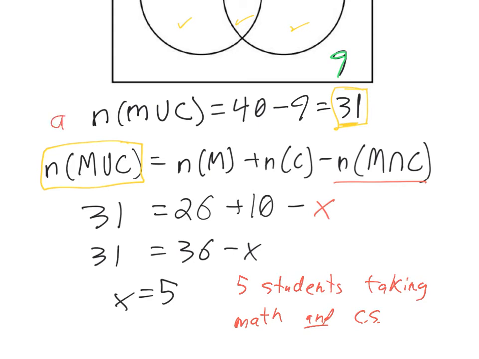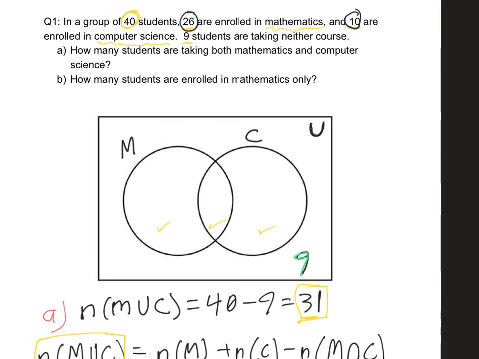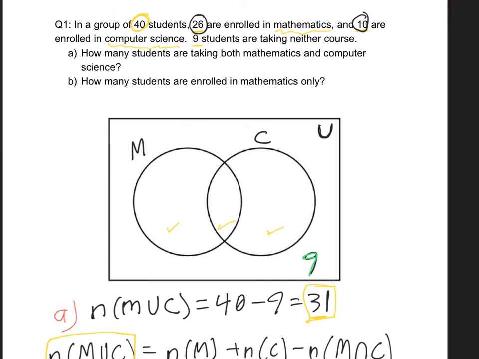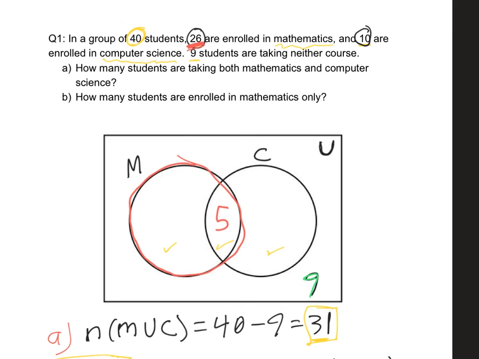Okay, so this was part A. Part B asked us how many students are enrolled in mathematics only. So let's use our answer from part A to assist us. So we have 5 students who are taking both courses. From the original problem, we have 26 students who are enrolled in mathematics. So how many are enrolled in mathematics only? Well, let's use our proper notation.